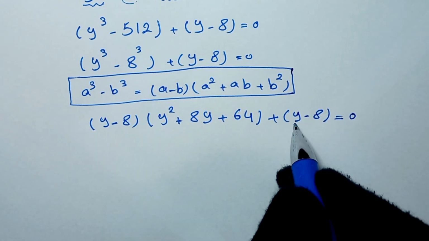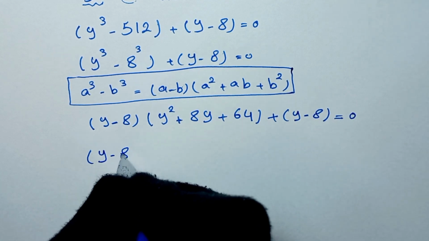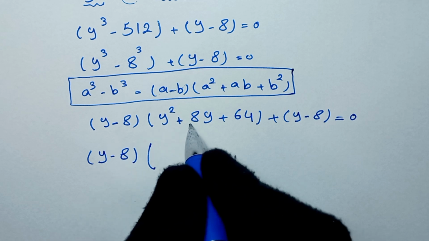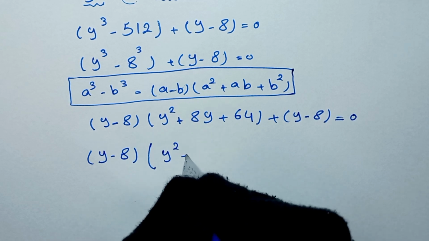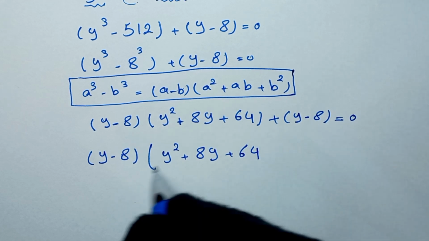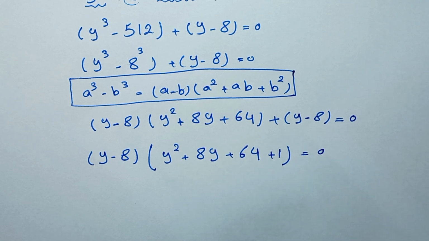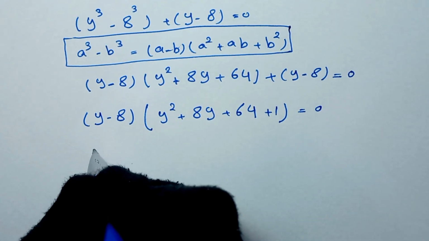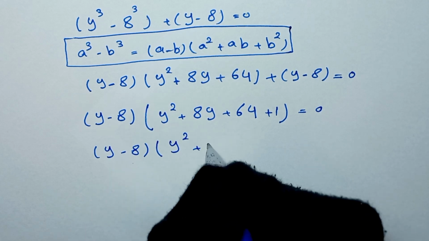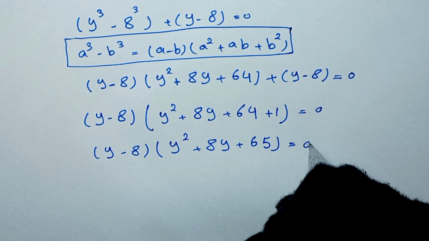And here y minus 8 is common, so we factor out y minus 8. Dividing by y minus 8, we get y squared plus 8y plus 64, and this divided by this is 1, so plus 1 is equal to 0. It will be y minus 8 times y squared plus 8y plus 65 is equal to 0.